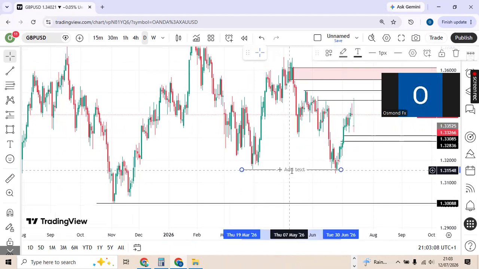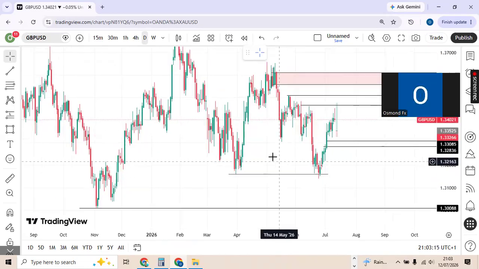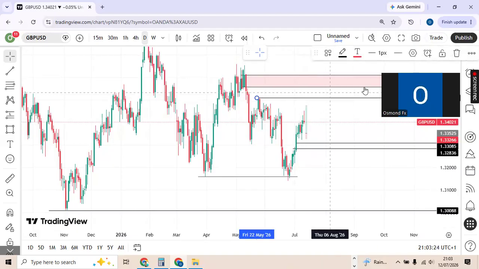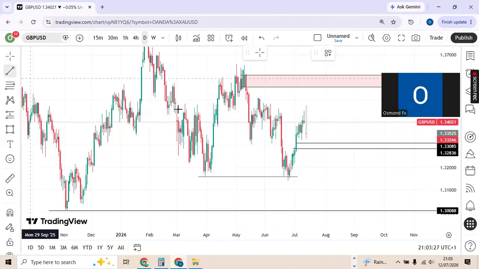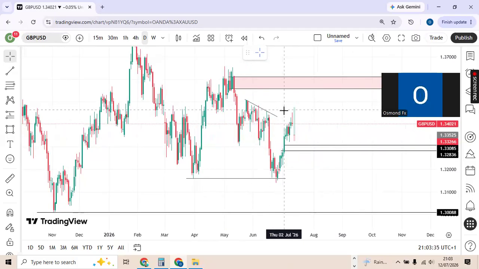But looking at the daily time frame, it is suggesting that the market also took liquidity from this side and is heading up. If we pay close attention, this level here is actually liquidity that is waiting to be taken, because a lot of swing traders that took their sell here have their stop loss sitting here, here, and here.